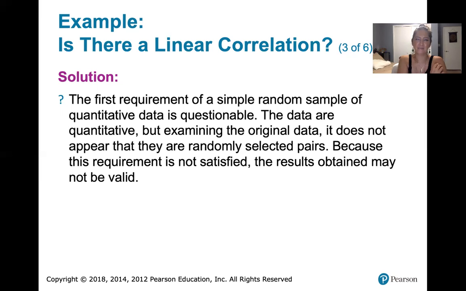Since this may not be a simple random sample, the results that we obtain through the rest of our analysis may not be valid. We can temporarily assume that we have a simple random sample, but just keep in mind that if it's not a simple random sample, then everything that we do after this point is questionable.